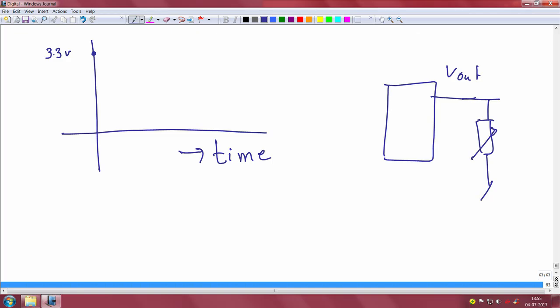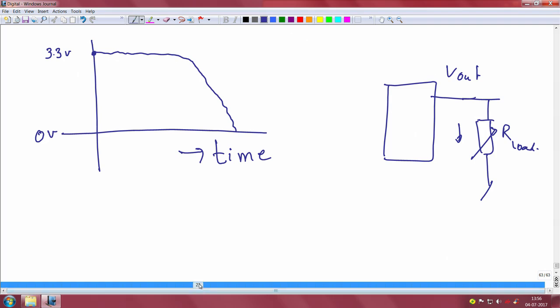As you keep changing this load, this is the R load, as you keep lowering this R load by this potentiometer, the voltage will keep dropping. You are here, and as you keep lowering the R value, the voltage will keep dropping. This obviously is 0 volts. When does this voltage keep dropping?